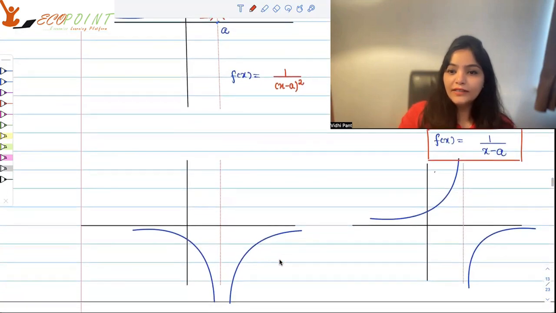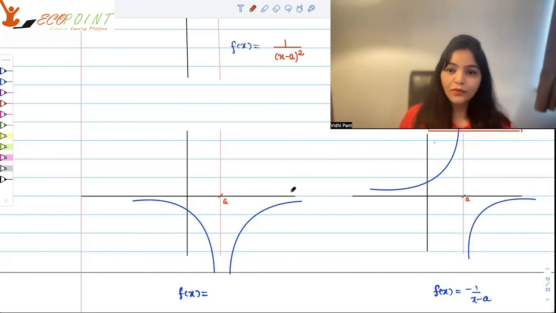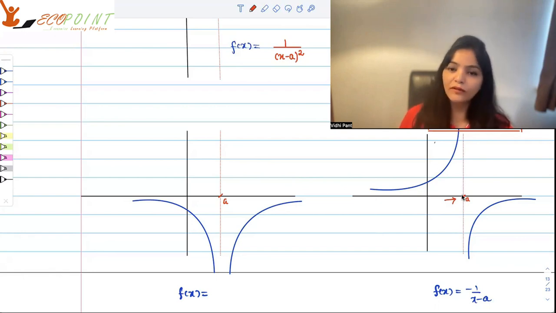Similarly, let's also look at these two scenarios. Now, look at this graph very, very carefully. This again is a point A. So when we are approaching from the left of A, that is a little lesser than A, x is on the left of A and approaching A. What you are getting is plus infinity.